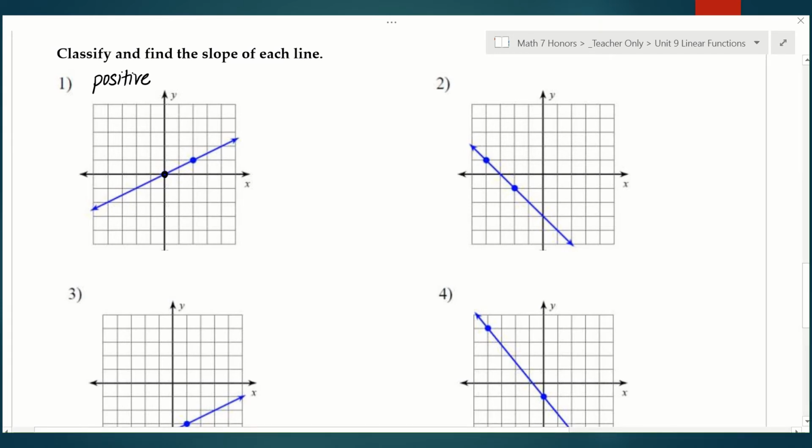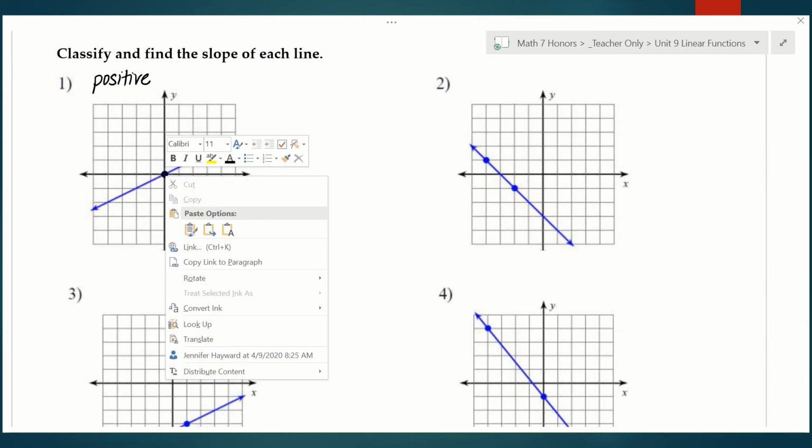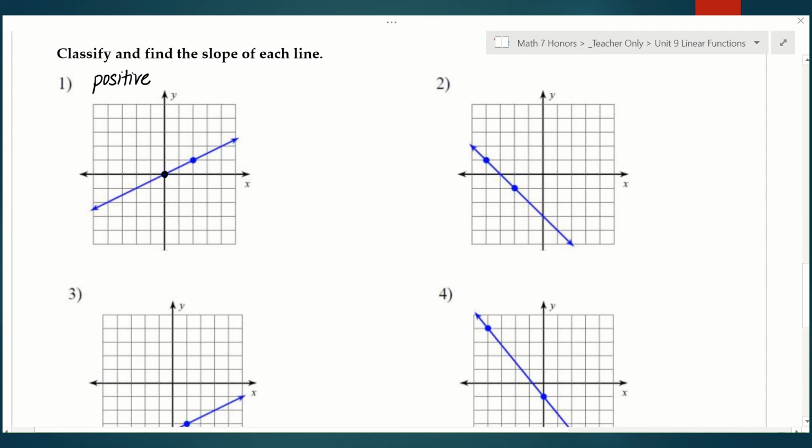So I'm just going to draw kind of in here my thinking. So to get from the first point to the second point, I am going to rise 1 space, and I'm going to run 2 spaces. Okay, so my slope is rise over run, which means my slope is 1 over 2.